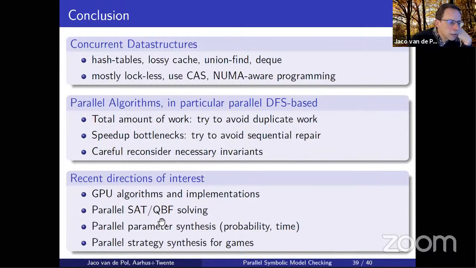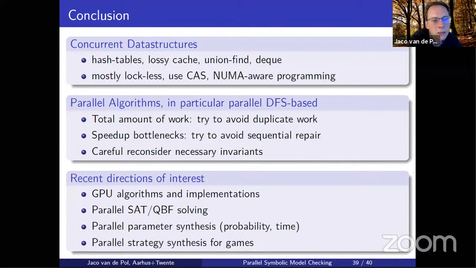And then, of course, there is this whole world of SAT solving, and there are competitions on parallel SAT solving. But it seems that the sequential SAT solvers use very ingenious search techniques, which are very hard to mimic in parallel SAT solving. So I think currently parallel SAT solving is not solved.